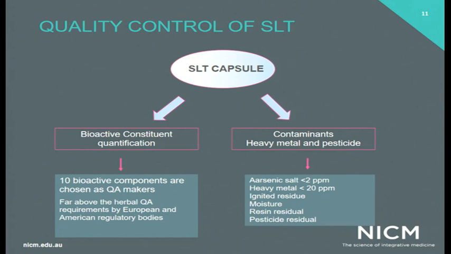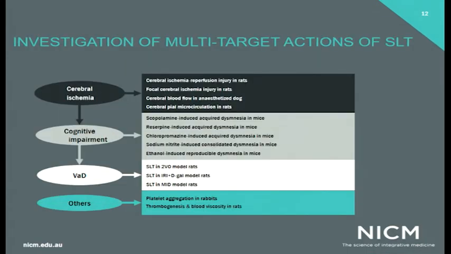This is quite unique because so far no drug regulators in any jurisdiction actually require that many markers in the quality control process. So we have 10 for that particular herbal formulation. Obviously, we also do pesticide control, heavy metals, and so on and so forth. That's quite routine.